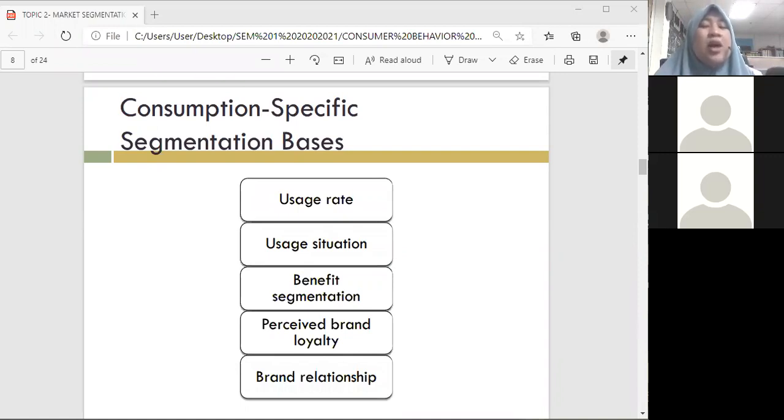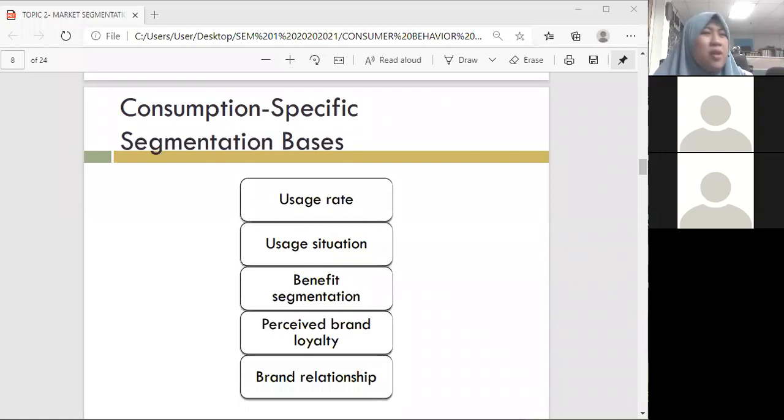And the next one is perceived brand loyalty. Perceived brand loyalty means a certain segmentation basis that is based on the customer's brand loyalty. When they already stick to one brand, they won't move to another brand, because they feel very comfortable.